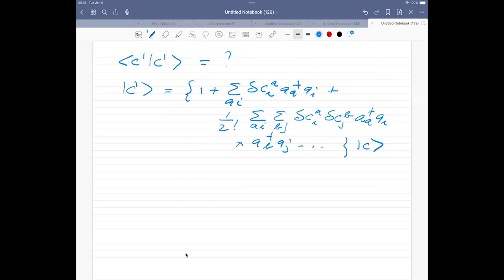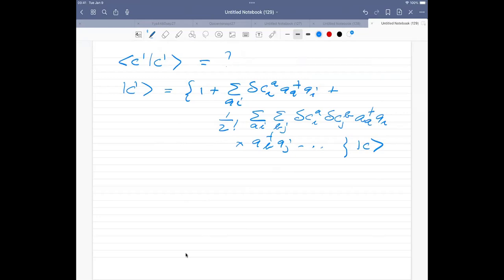Now, if we look at these amplitudes, we're assuming that these amplitudes are small, so we are looking at a small perturbation around the state. And typically what we would do now is to truncate at the level of the second order term.